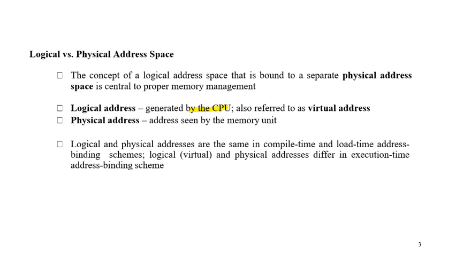Once execution is complete, it hands over all the resources to the operating system, and then the file or program goes back and is stored in the secondary memory. This is all that happens.